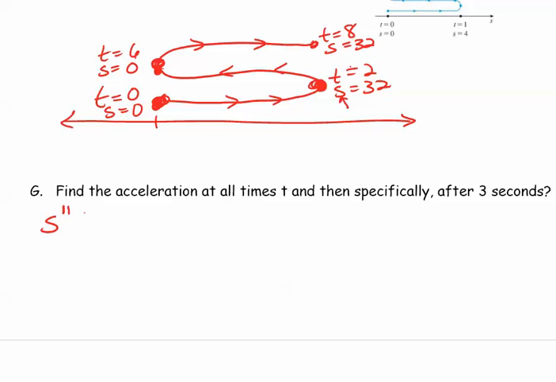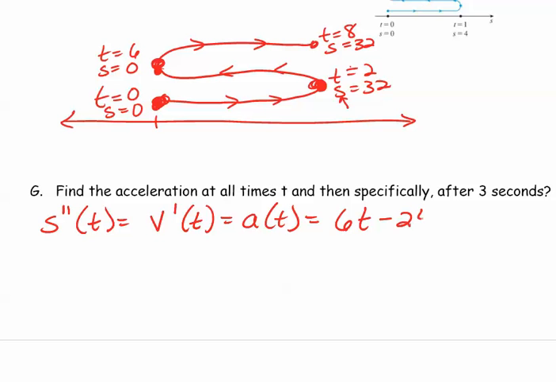All right, and acceleration. So remember that the second derivative of the position, in other words, the first derivative of velocity, is the acceleration function. So take your velocity function and use your power rule, and we'll come up with 6t minus 24. And then this question said to find the acceleration function at all times.